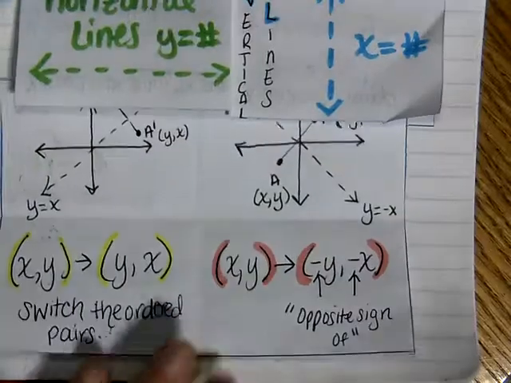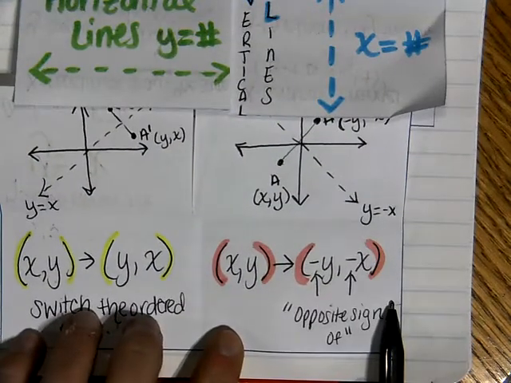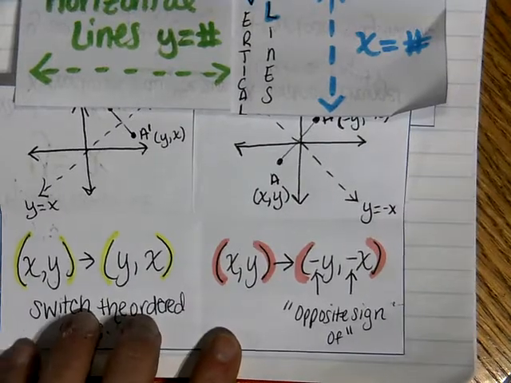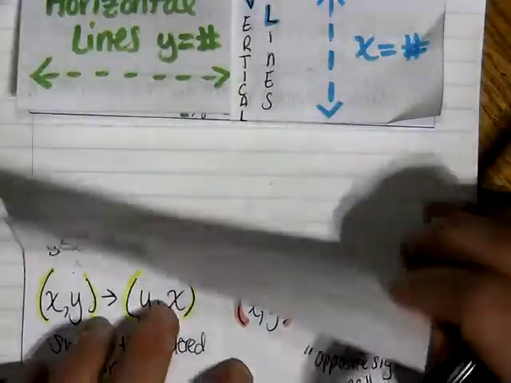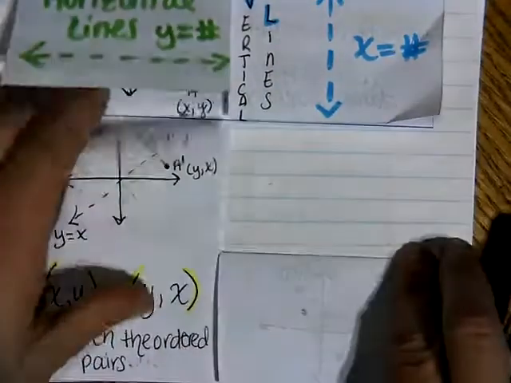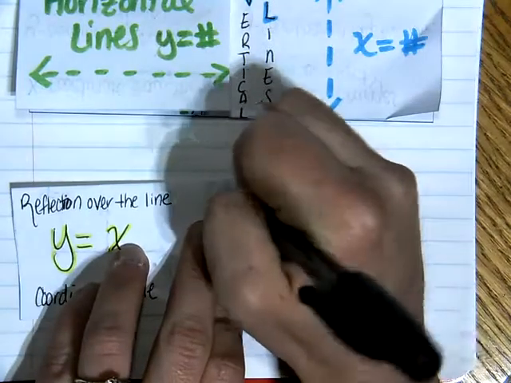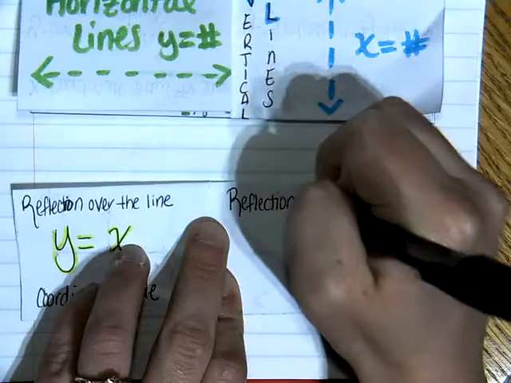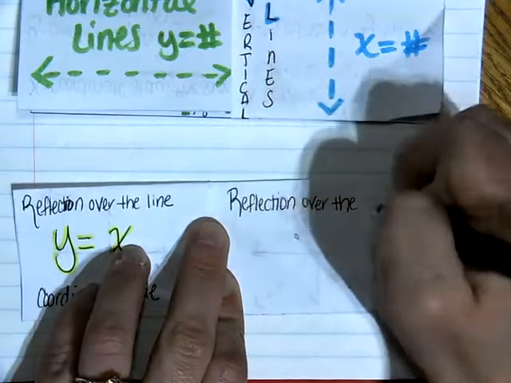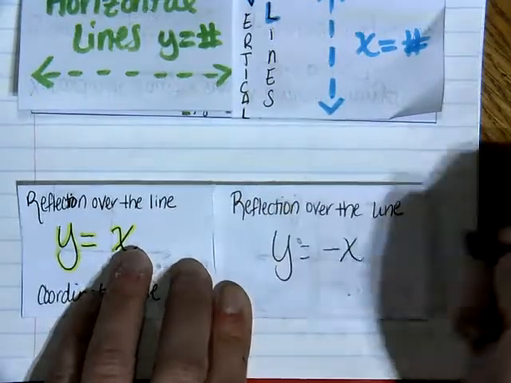So I don't want you just to say, oh, this one starts off as negative, so when I switch it, it's going to stay negative. No, negatives become positives and positives become negatives whenever you use this rule. This is the rule for a reflection over the line y equals negative x.